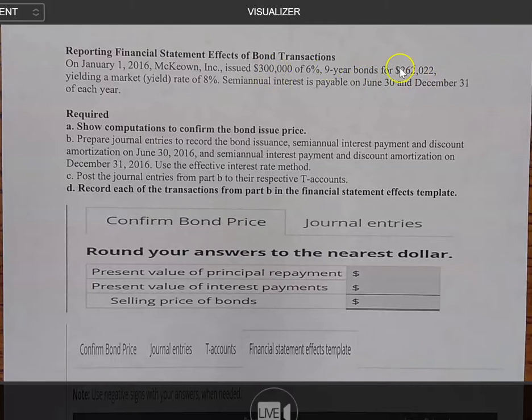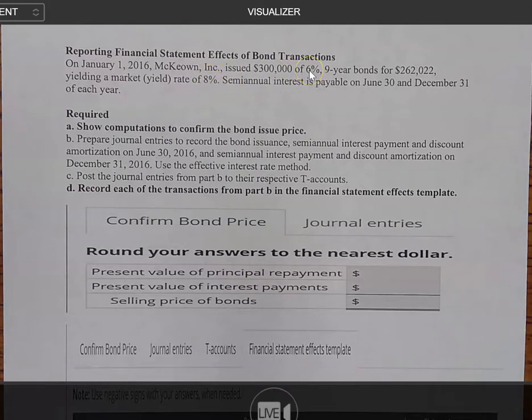Now, as soon as we see this information, we need to know immediately that these bonds were issued at a discount and that the effective or market rate of interest is some number higher than 6%. And in fact, the market rate of interest is 8%. So what they're saying here is the market rate of interest for similar bonds is 8%.